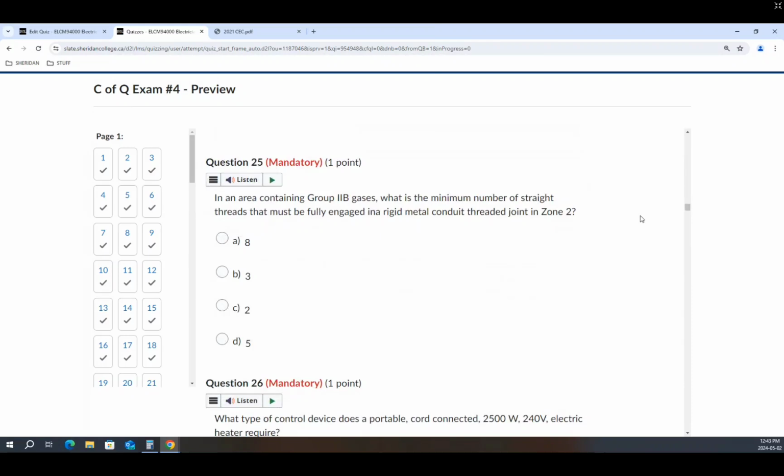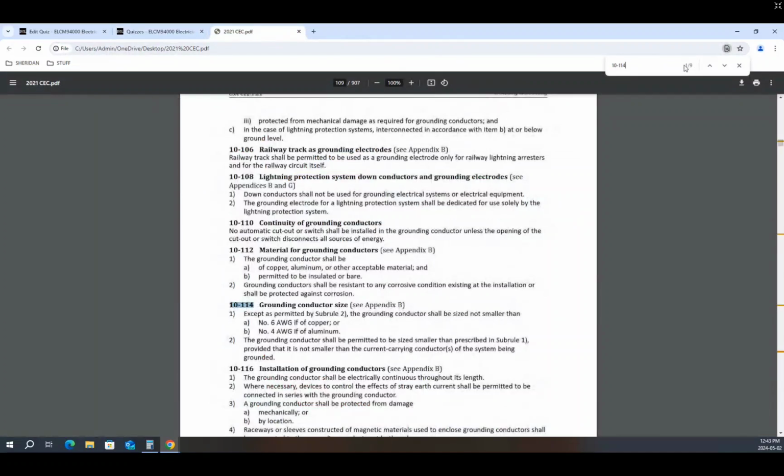In an area containing class 2B gases, what is the minimum number of straight threads that must be fully engaged in a rigid metal conduit threaded joint in zone 2? Oh boy. So where am I going to find this? Is class 2B gases. So I'm going to go 18, 1, 5, 2.